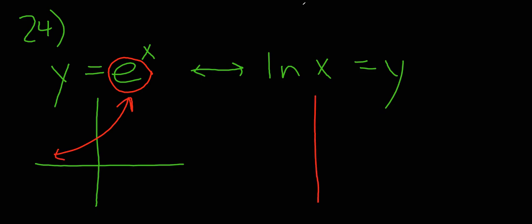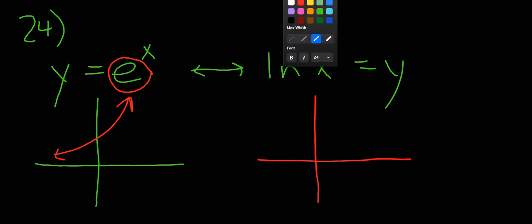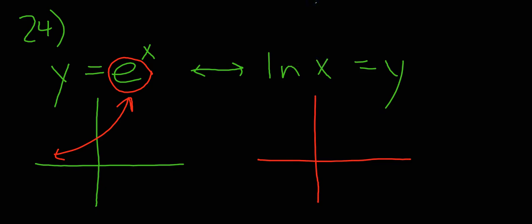But a log function, what does a log function look like? Every log function looks exactly the same. Remember we talked about how they were reflections across this line, y equals x? You have to know what a logarithm function looks like.